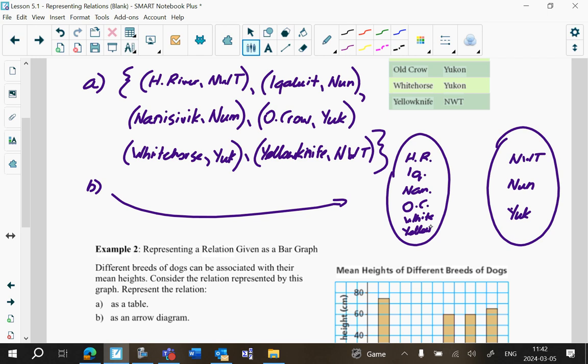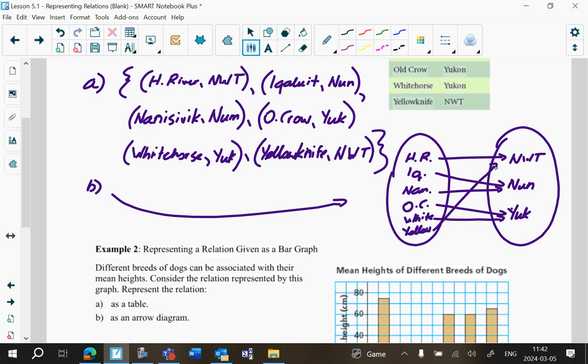And then we just connect the ones that relate to each other. So Hay River, Northwest Territories. Iqaluit is in Nunavut. Nanisivik is also in Nunavut. Old Crow is in Yukon, as is Whitehorse. And Yellowknife is in the Northwest Territories.